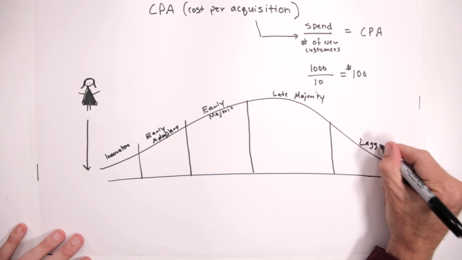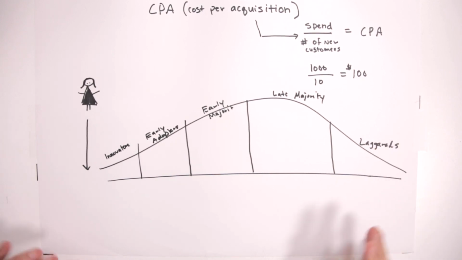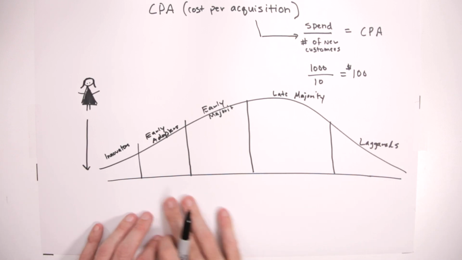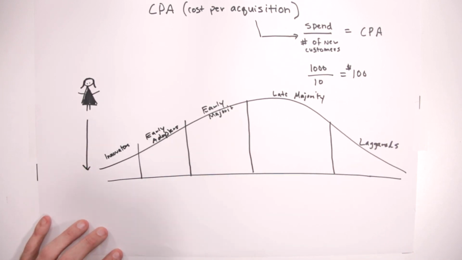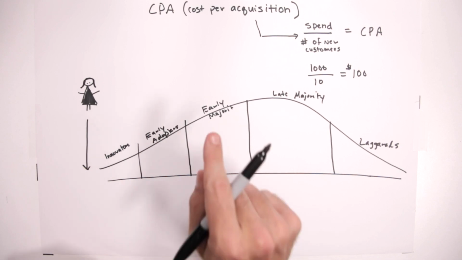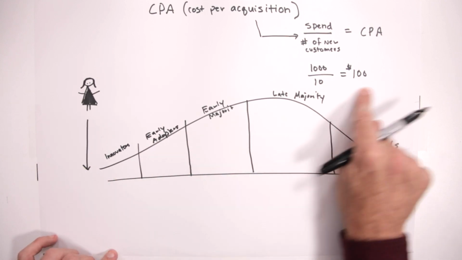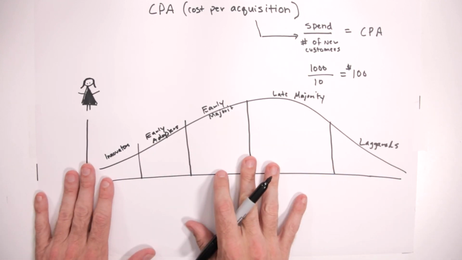And this is the sequence by which people adopt a new technology or product. What's really important to understand about this curve as it relates to cost per acquisition is this: the cost to acquire a customer moves up as you move out.